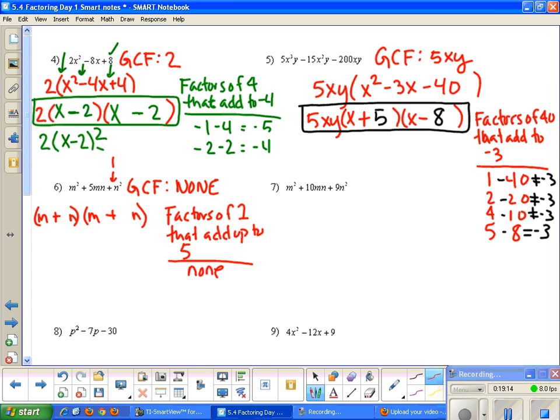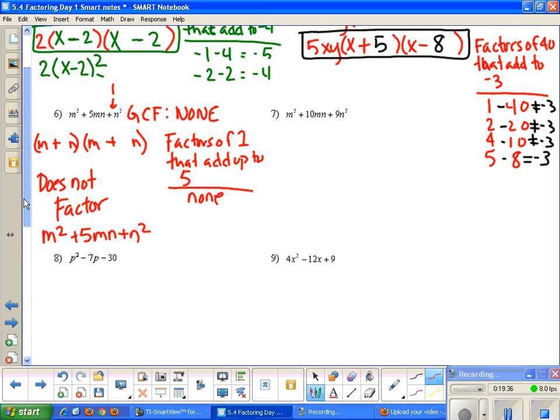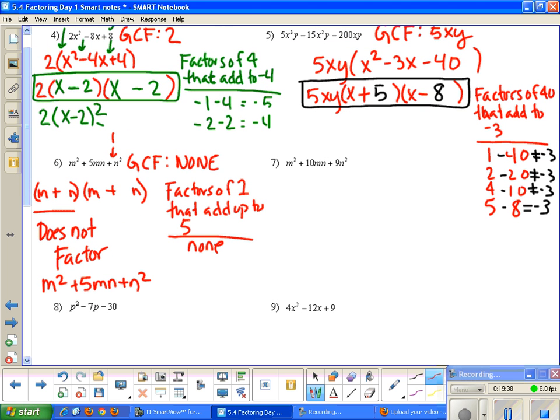Since there are none, that means we can't factor this expression, and when you can't factor something, you actually call it prime. So I'm just going to write that this does not factor. So then I would leave my answer as m squared plus 5mn plus n squared. So just because you have three terms doesn't necessarily mean that you can factor it.